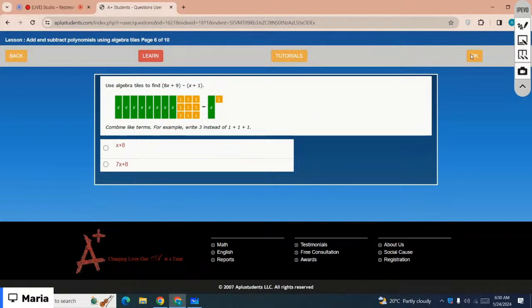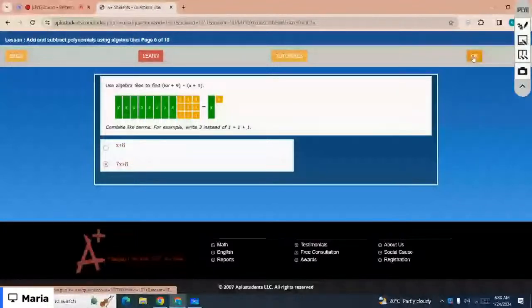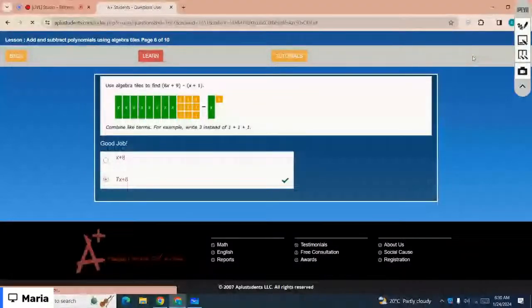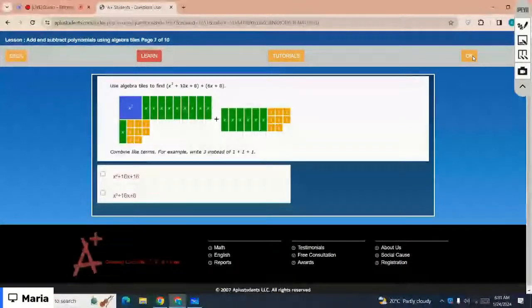Option number 2 is the correct option, right? Use algebra tiles to find x square plus 10x plus 8 plus 6x plus 8. So which is the correct option?